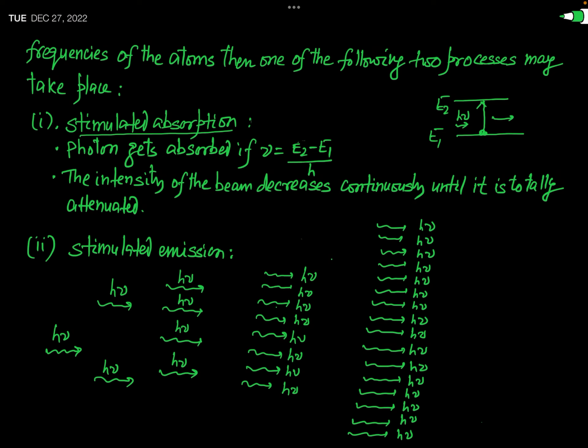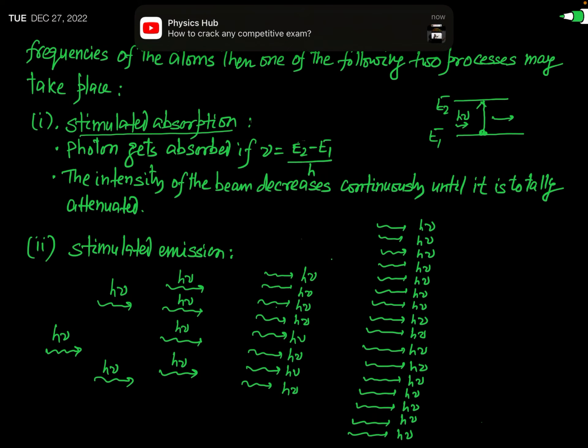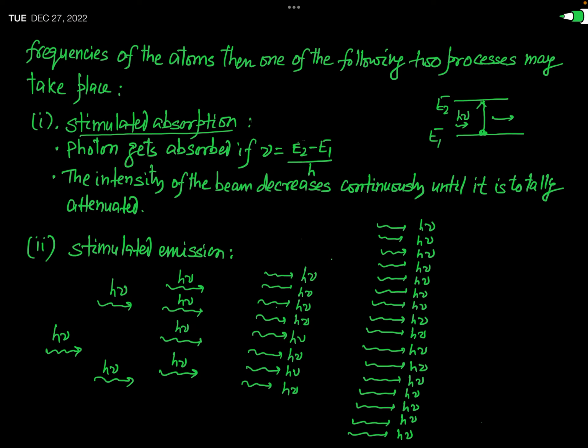The intensity of the beam will keep decreasing continuously and finally become zero, so the beam will be totally attenuated.